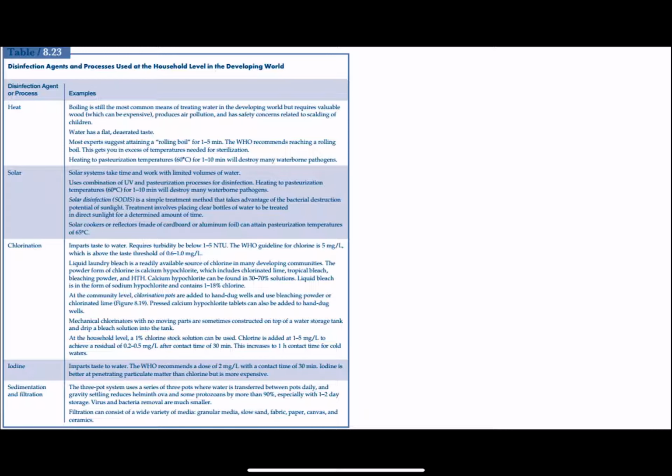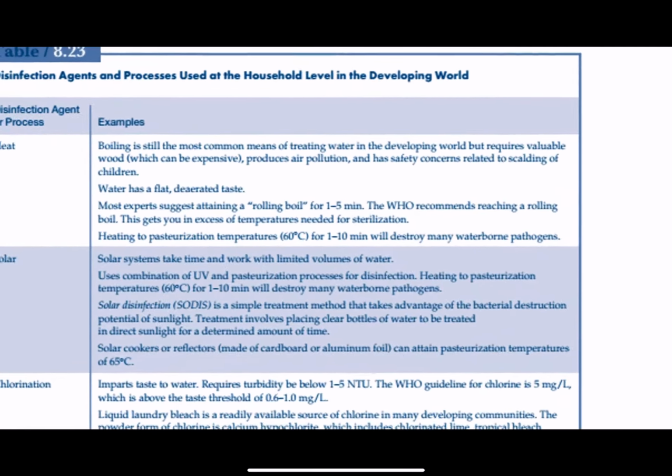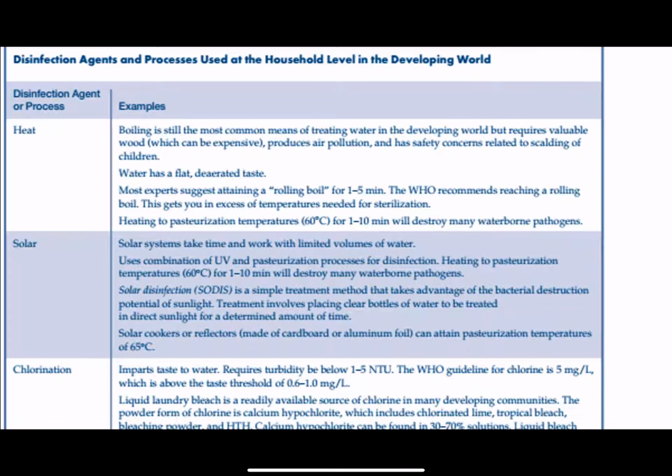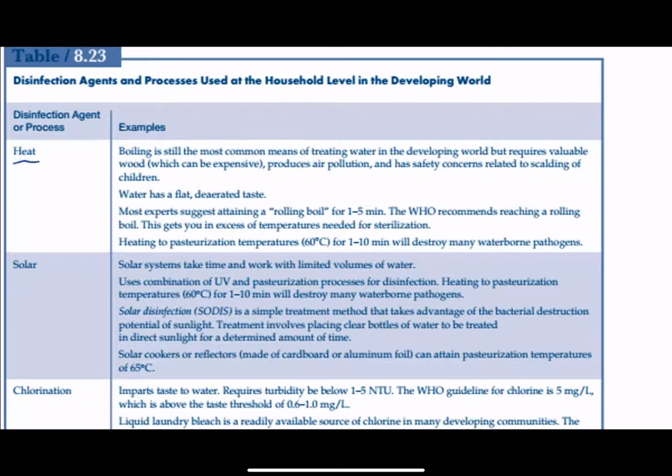There are many agents that are going to be used at the household levels in the developing world. Let's say you have water and you suspect that this water has pathogens, you could apply heat, which is boiling. This is the most important means of treating water in the developing world, but it requires valuable wood, which produces air pollution and has safety concerns related to scalding of children, because the water has a flat and deaerated taste.